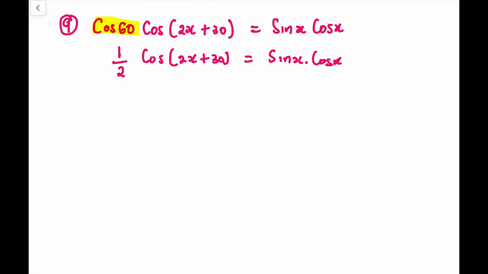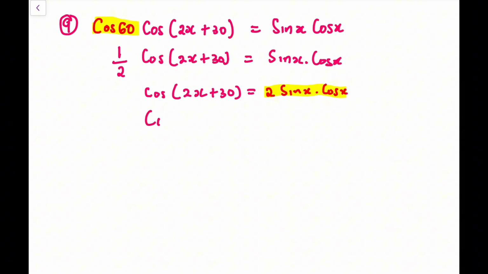Now, if we multiply everything by 2, we are going to have cos 2x plus 30 is equal to 2 sin x cos x. And then if you check, this is a double angle for sine. So it can be written as sine 2x.